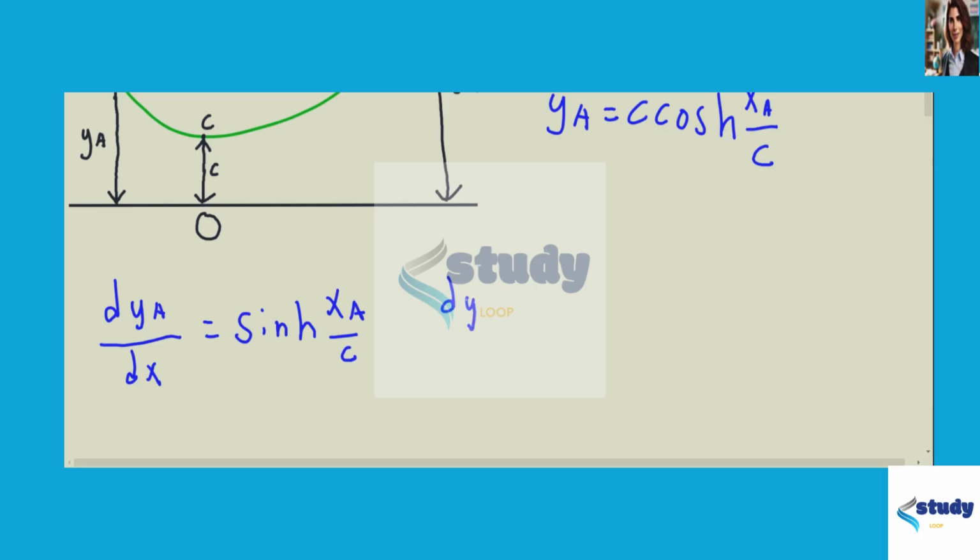And we also know that the derivative of y of a with respect to x is equal to the tangent of theta. So we're going to take these two expressions and set them equal to each other.